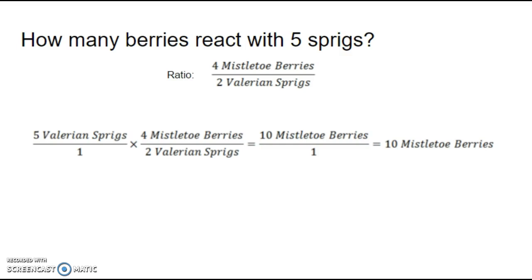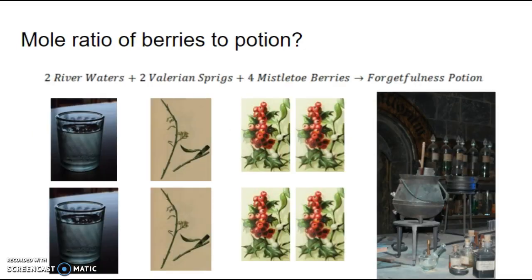So let's say that we want to find a different mole ratio for the same ingredients, for the same reaction. And we'll remember that those numbers, or our coefficients, refer to the amount of moles or molecules for the certain reactants or products. So if we take a look, what is our mole ratio of berries to potion?